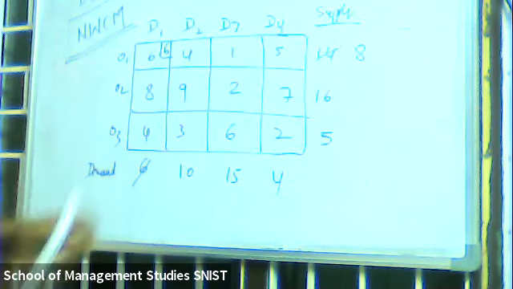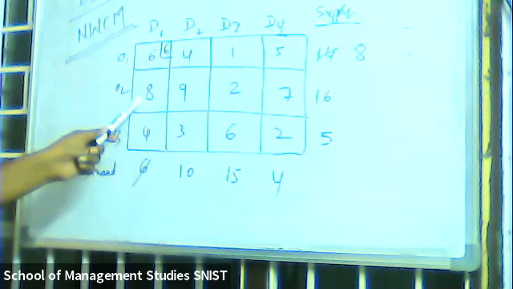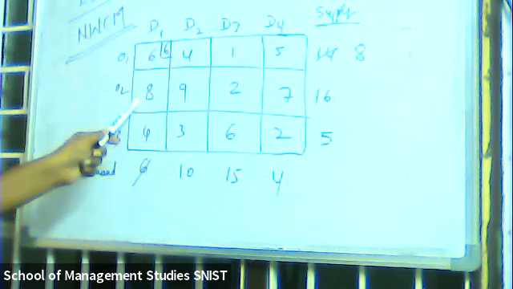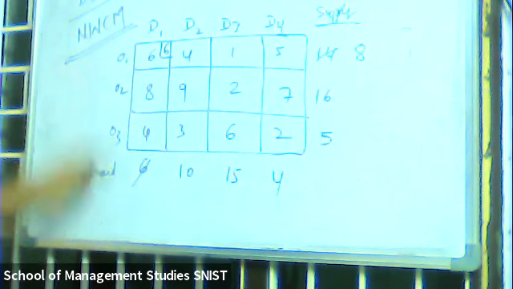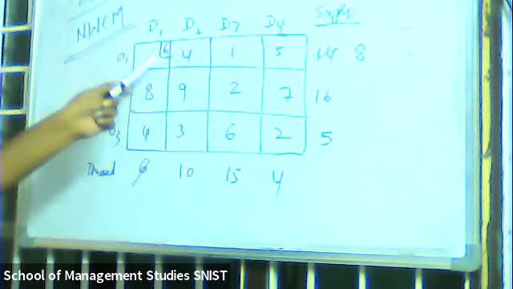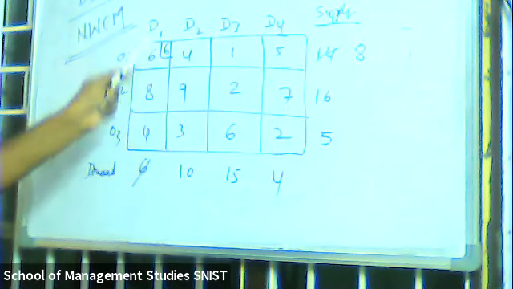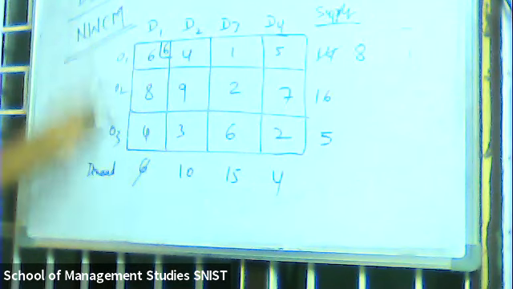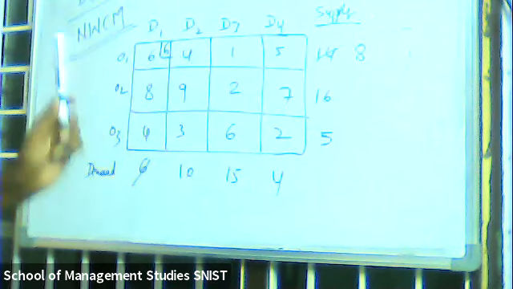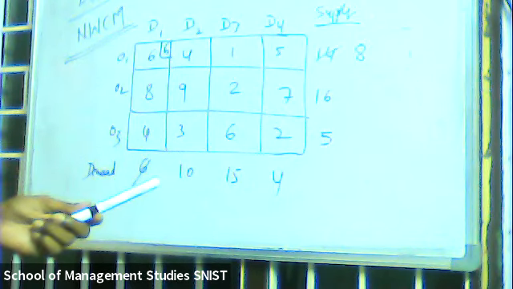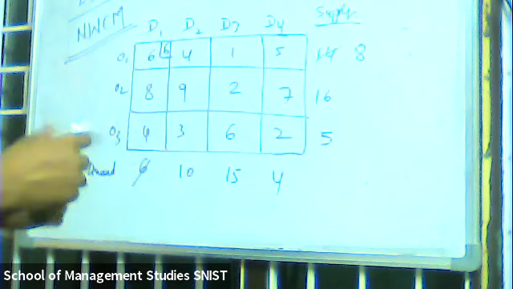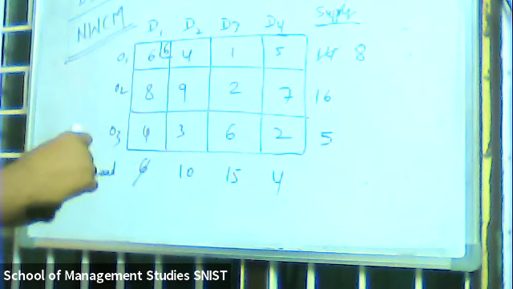x12. Why x12? Why not x21? Because the whole column gets cancelled. Yes, exactly. I'm not taking x21 because the demand of D1, which is 6, is already satisfied, so there is no need to enter any further values in D1. Clear?